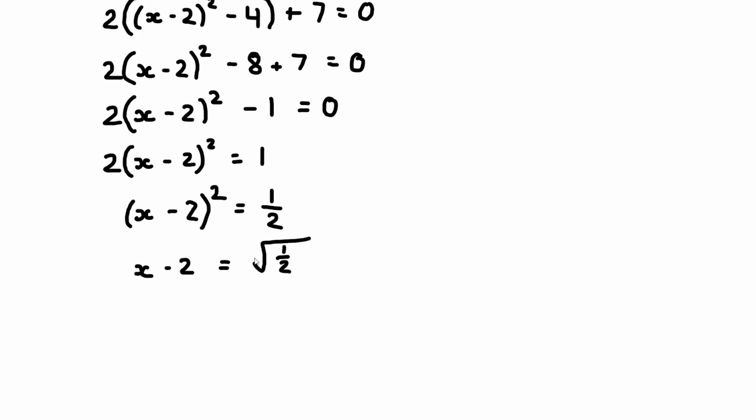Now, be careful here. Whenever you square root anything, this can be plus or minus, because think about it like this. Let's say you had minus 2 and 2. When you square minus 2, or when you square 2, you've just got 2 times 2 equals 4. And when you've got minus 2 times minus 2, well, these negatives, because there's an even number of them, they will cancel out to a positive.